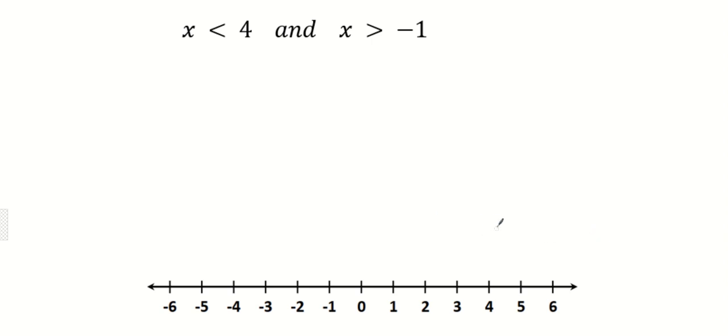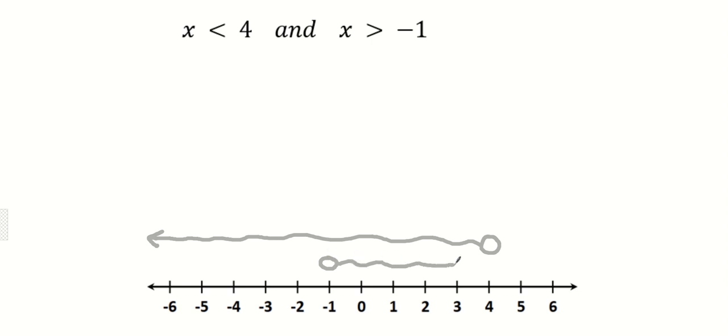A first draft of the graph: everything less than 4 would be all of those numbers, like 3 and 2 and -3 and -6, 3.5, and greater than -1. So we'd have an open circle there, and then all of those numbers, including 1 and 6 and all these numbers.